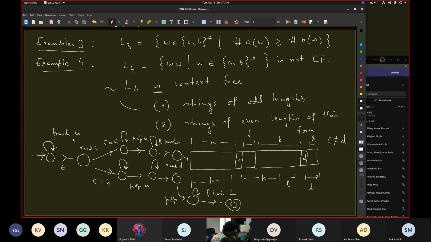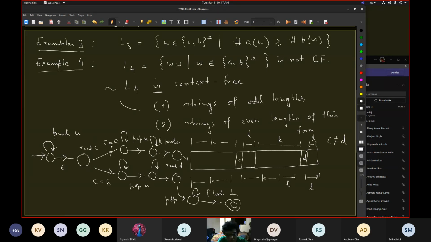In other words, because this is a non-deterministic machine, it can guess this K and L. That is the power of non-determinism. Agree or not? Yes, sir. It can keep on pushing as many steps as it wants, and whenever it is told that now you have read this K, it makes this epsilon transition, then reads C. Okay, good.